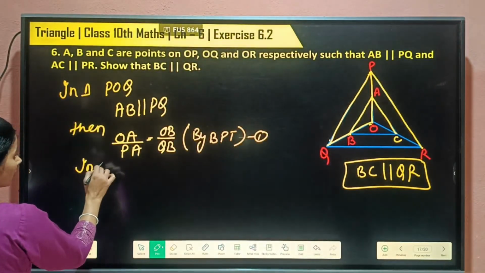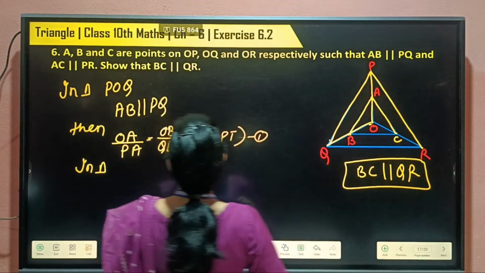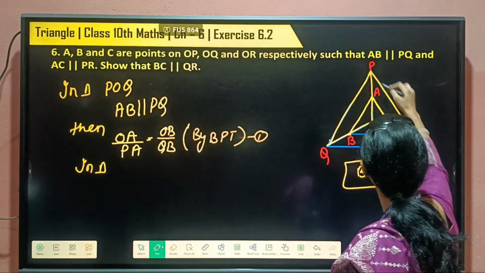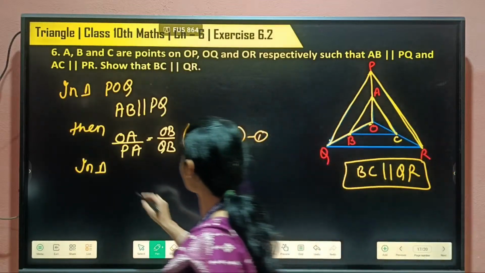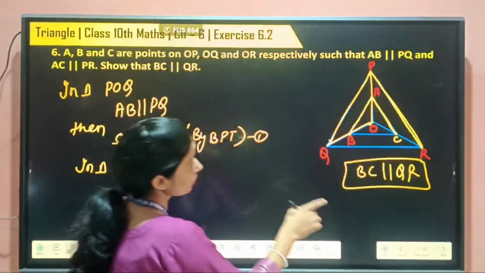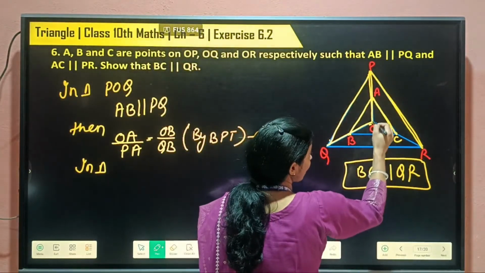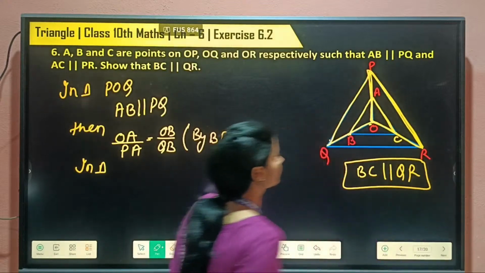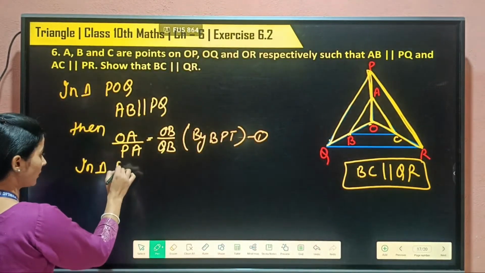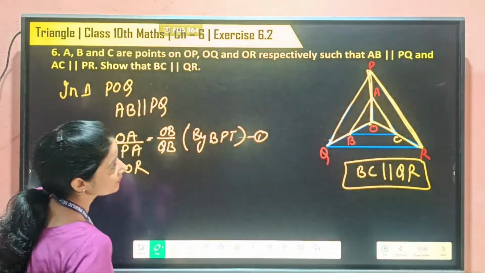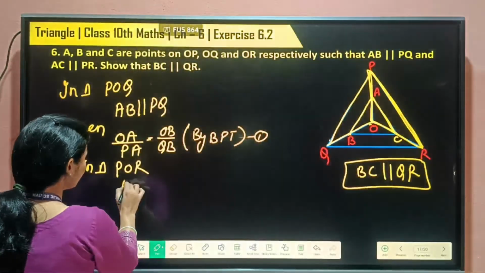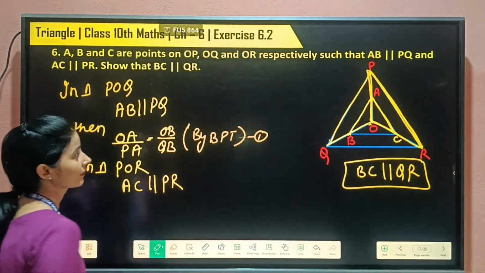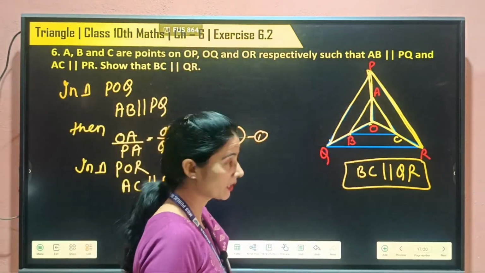One more piece of information is given to us: AC is parallel to PR. Now in triangle POR, AC is parallel to PR.